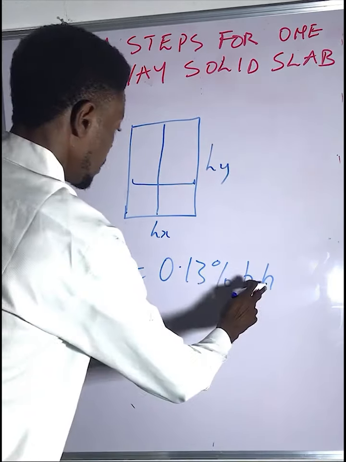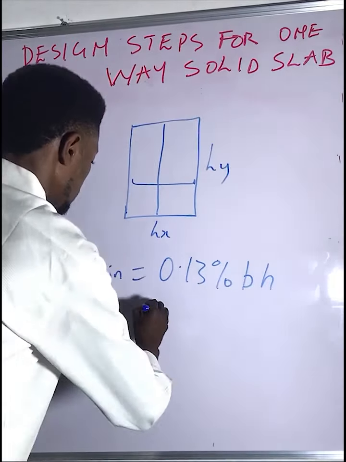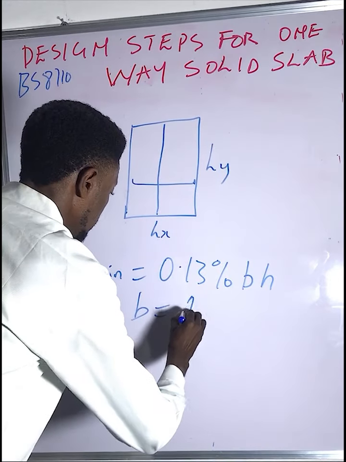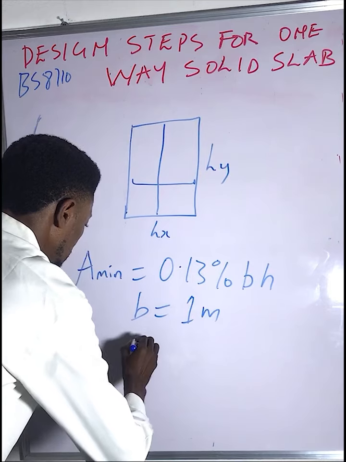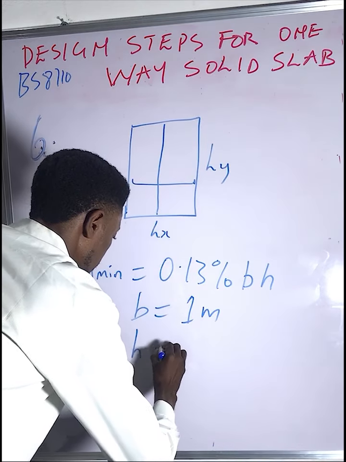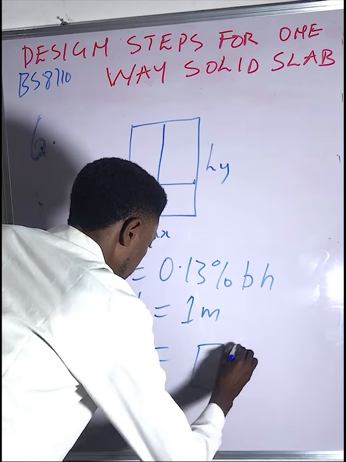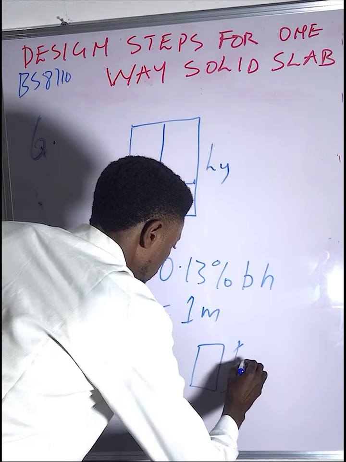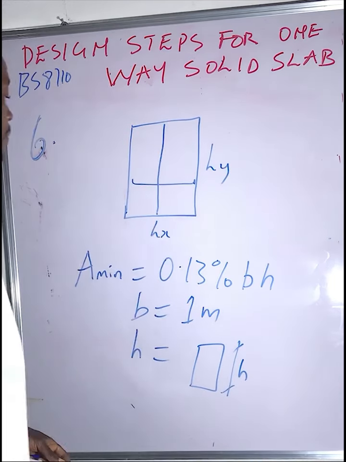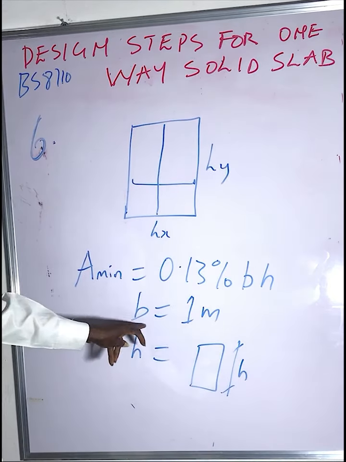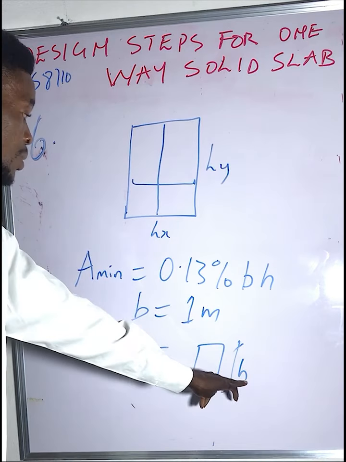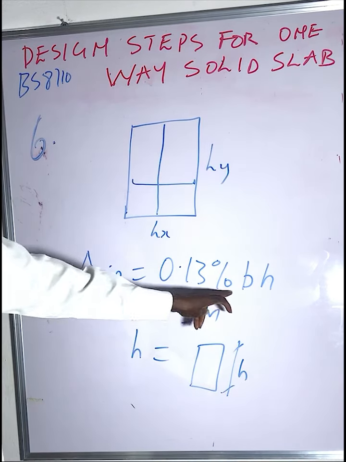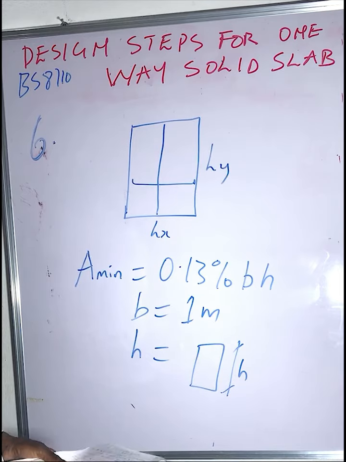Your B is the breadth, 1 meter, H is the total height of concrete. So your B is 1 meter multiplied by the total height of concrete. That is 0.13% of this.